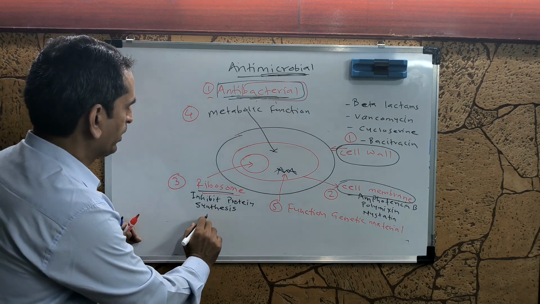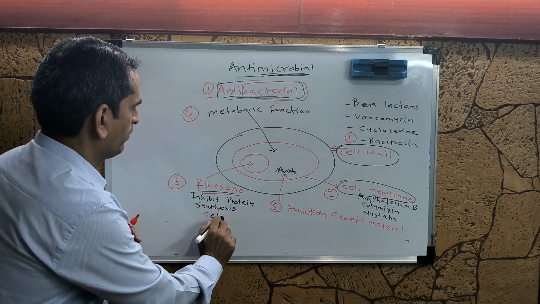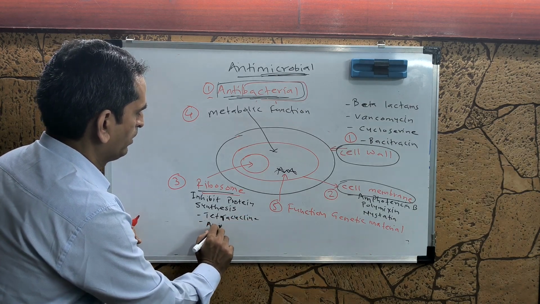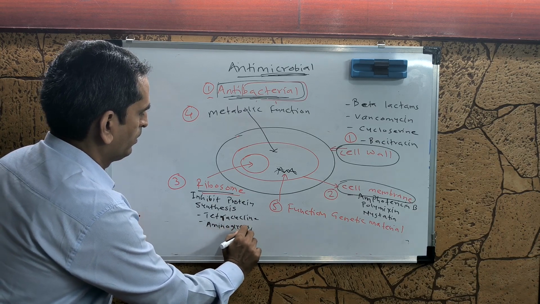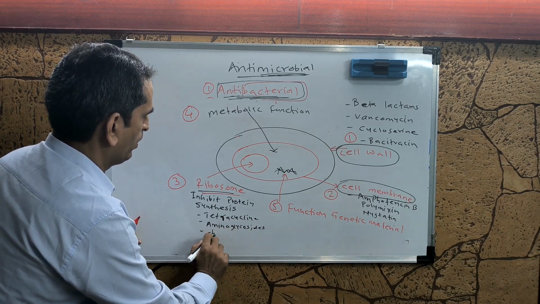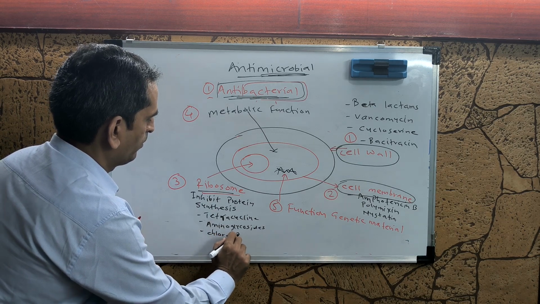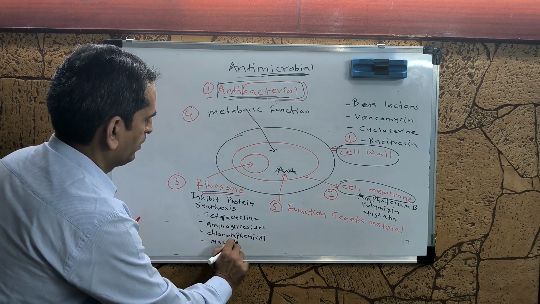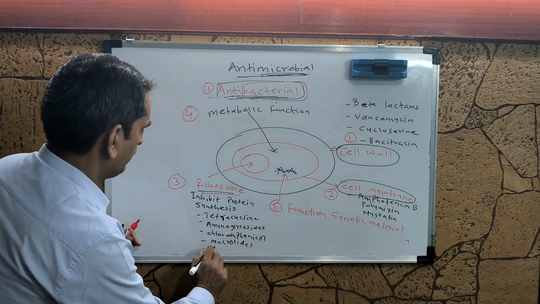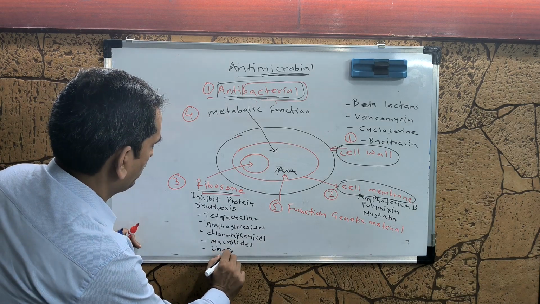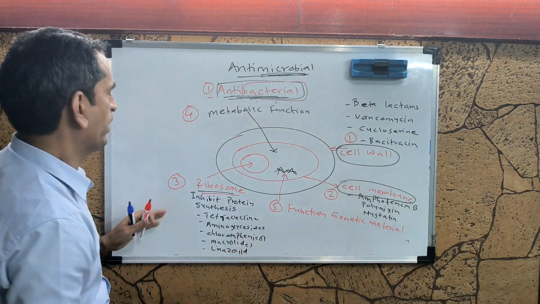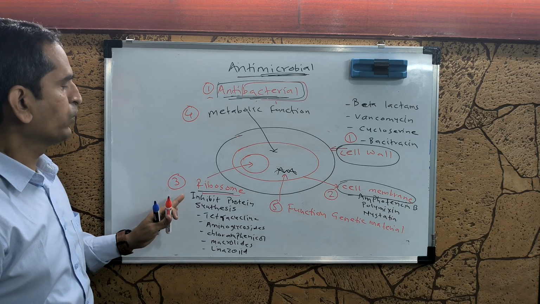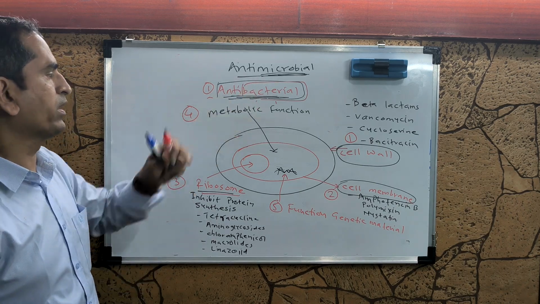Examples of these drugs include tetracycline, aminoglycosides, chloramphenicol, macrolides, and linezolid. So there are many drugs which inhibit the synthesis of protein in the bacteria. So this is the third target of the antibacterial drugs.